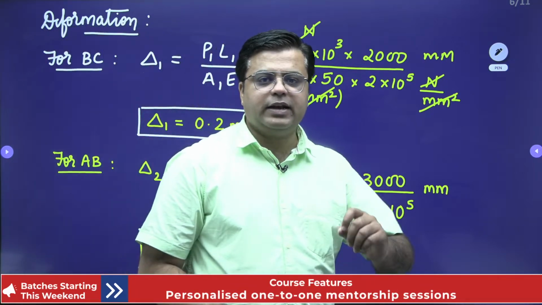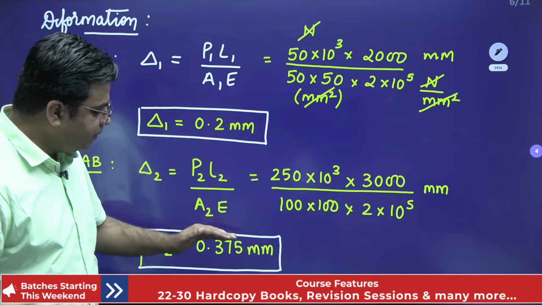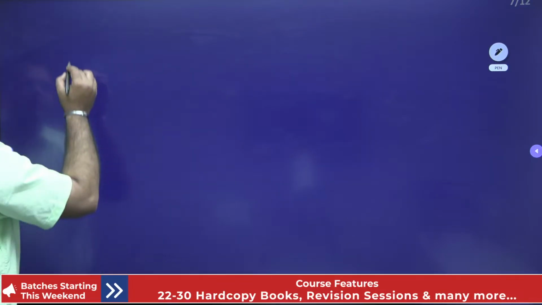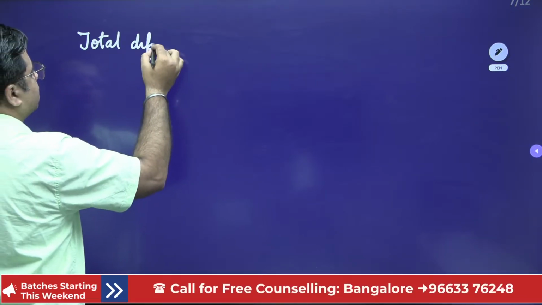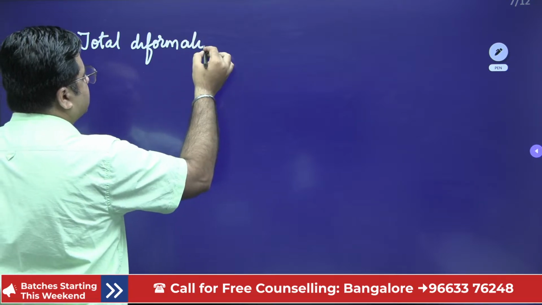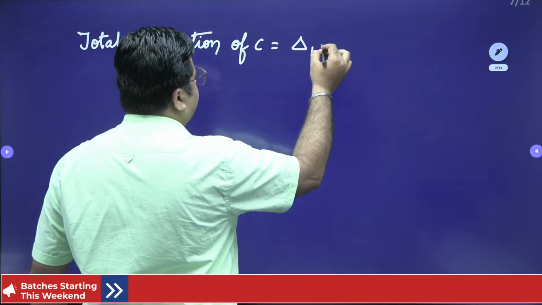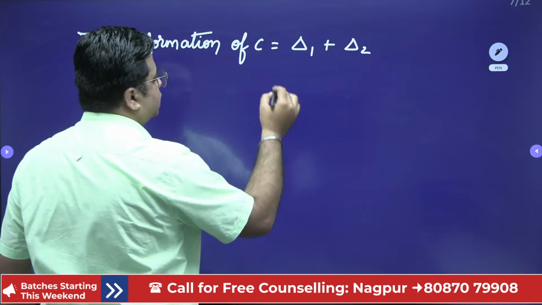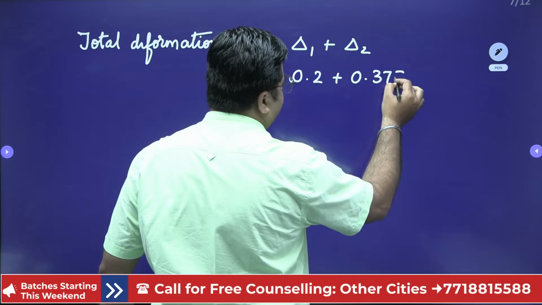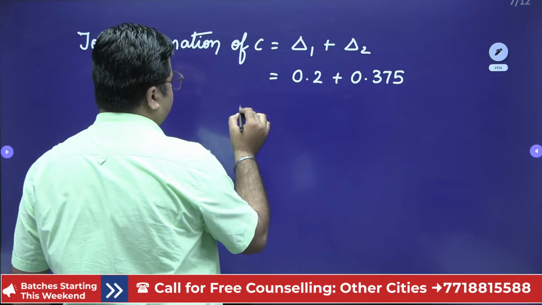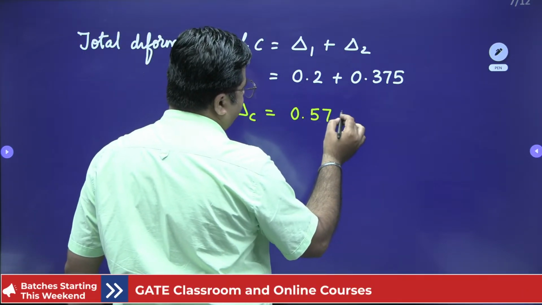The total change in length, or the total amount by which this point C will come down, is delta 1 plus delta 2. So the total deformation of C is delta 1 plus delta 2. So this is 0.2 plus 0.375. So the total deformation of C comes out to be 0.575 mm.